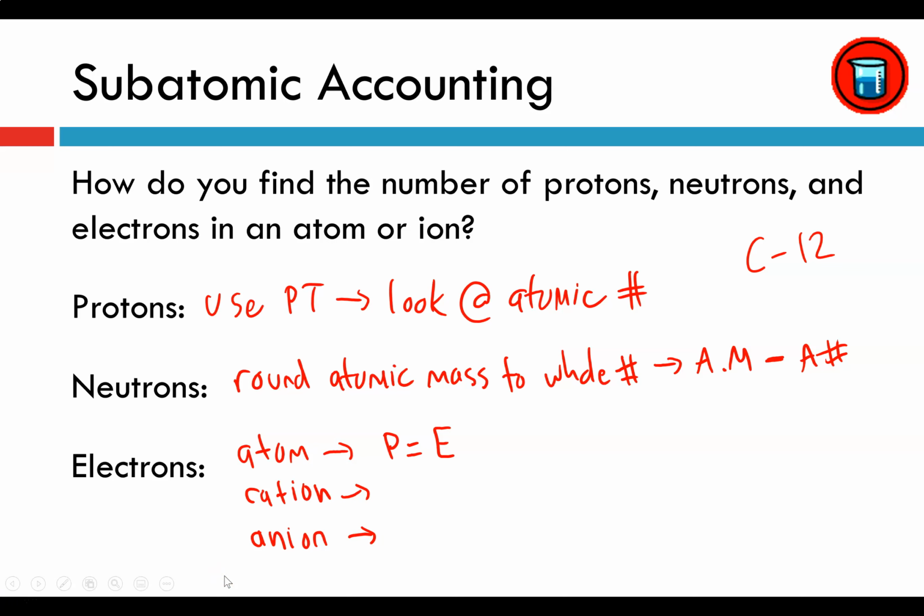We know in the neutral atom, the number of electrons is equal to the number of protons. When a cation forms, we know that we have lost electrons. So to figure out how many electrons are in a cation, we can take the number of protons, and then subtract the charge of the ion.